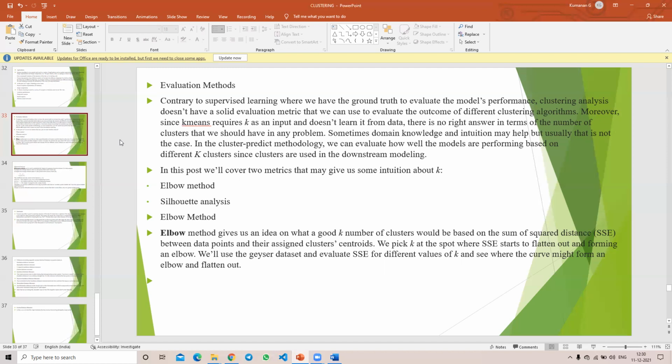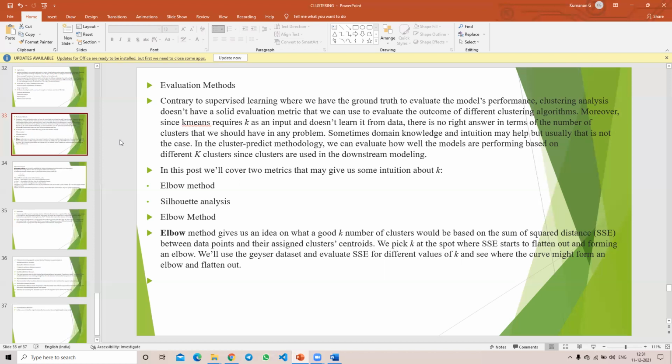The elbow method. What is the elbow method? The elbow method gives us an idea of what a good number of clusters k would be based on the sum of squared distances (SSE) between data points and their assigned cluster centers.